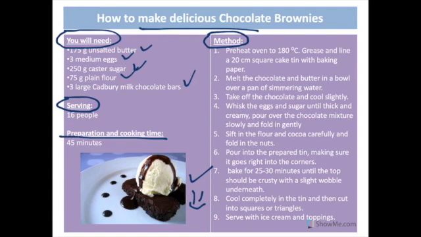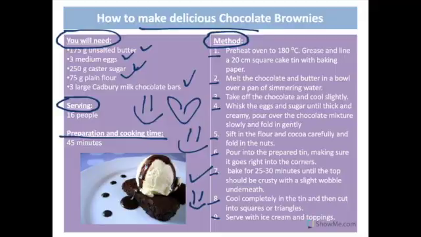And during the method, they have actually broken it down into numbers, so you can follow it that way as well. So this is a much happier and much nicer recipe because I can actually see what I'm doing. And I would want to make those brownies because they look really good.